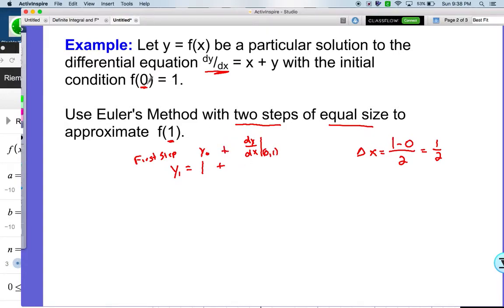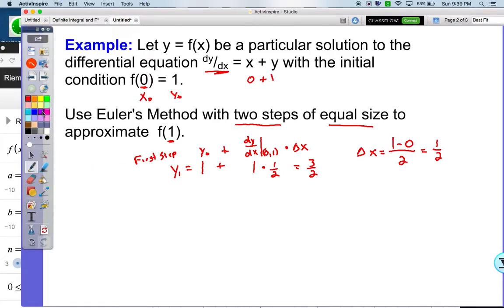So if you plug in 0 and 1, here's your x sub 0 and your y sub 0. So that would be 0 plus 1. So my slope is 1. And then I'm going to multiply that by my delta x, my step size, so times 1/2. If you work that out, 1 plus 1/2 would give you 3/2. So that is your y sub 1.